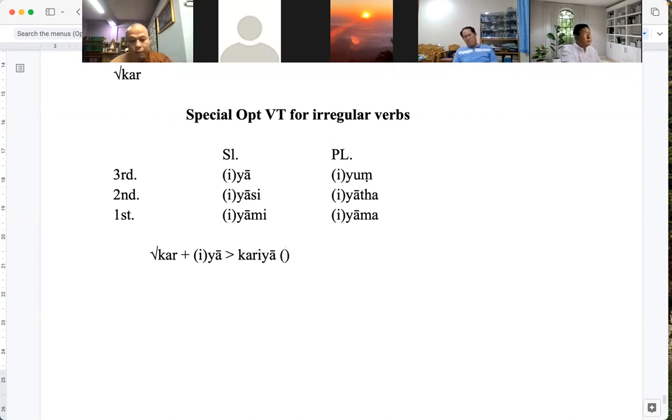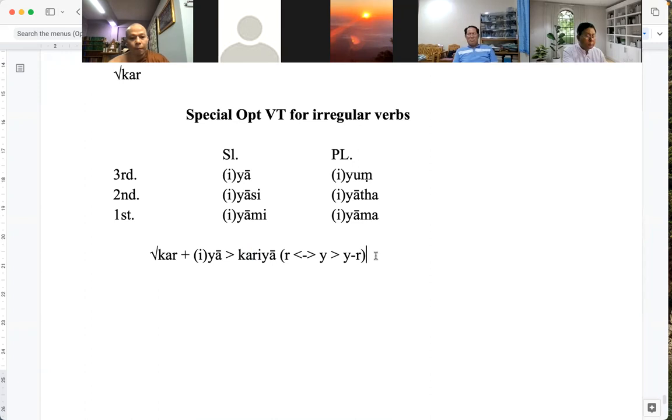In this form, ra and the ya change their position as yara. This ra takes the place of ya, and this ya takes the place of the ra. So that one is called metathesis.